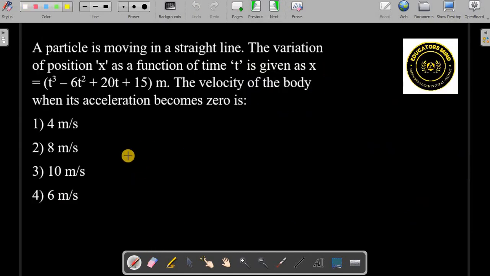Then let's move next. A particle is moving in a straight line. The variation of position x is given. Velocity, similar type of question it is. So we have to calculate velocity and acceleration. For velocity, differentiate: 3t cube gives 3t square, minus 6t square gives 12t, plus 20 into 1, constant differentiation 0.